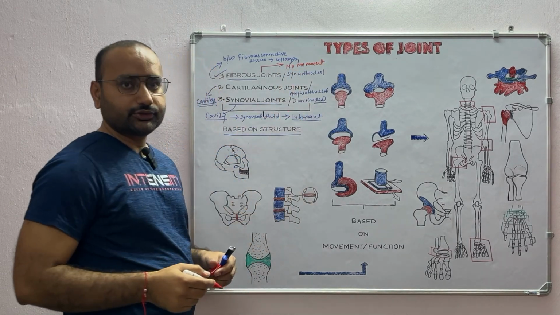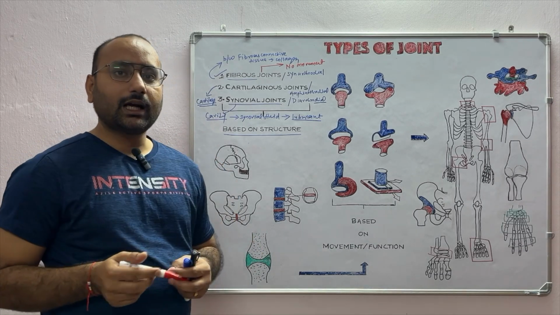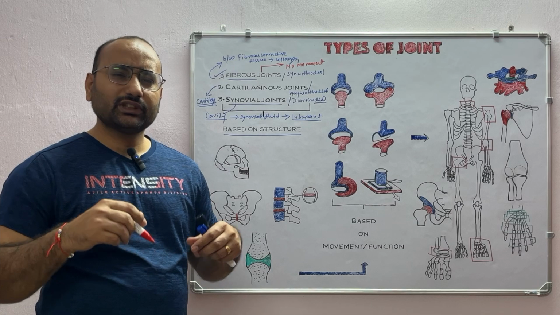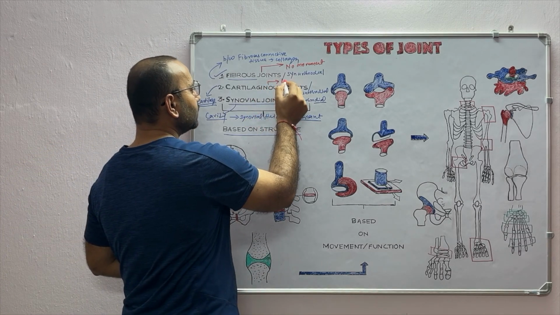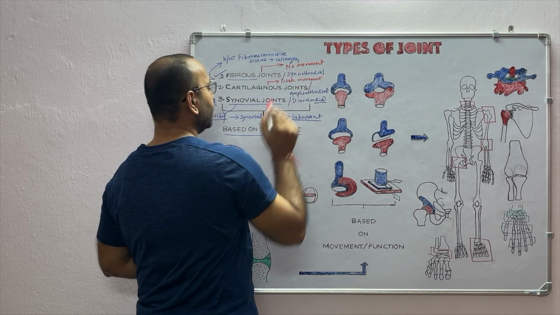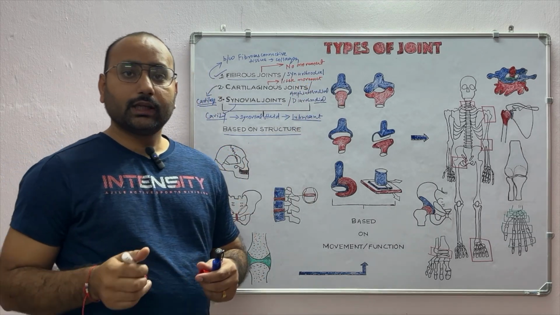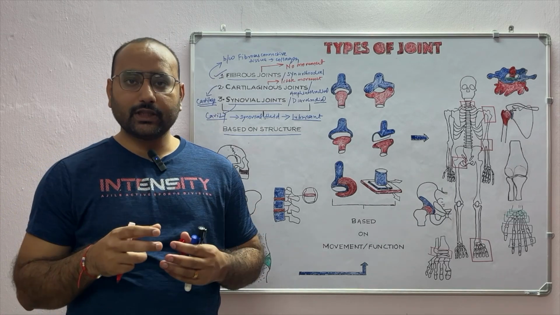Coming to the cartilaginous joint, I told you that between the bones there is a material known as cartilage. Cartilage is less stiff than collagen, so there is a little bit of movement between the bones. So you can say that there is little movement, right?